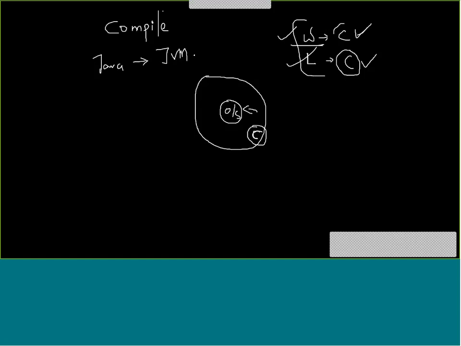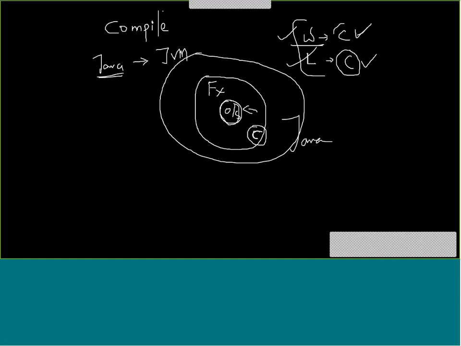Now how it works is, let's say you have an operating system. Before actually loading a simple Java program on top of the operating system, it has to be loaded on top of something called a Java framework or JVM, which means this is my Java program.